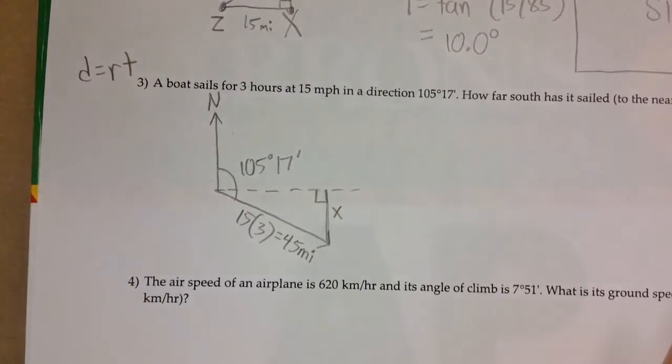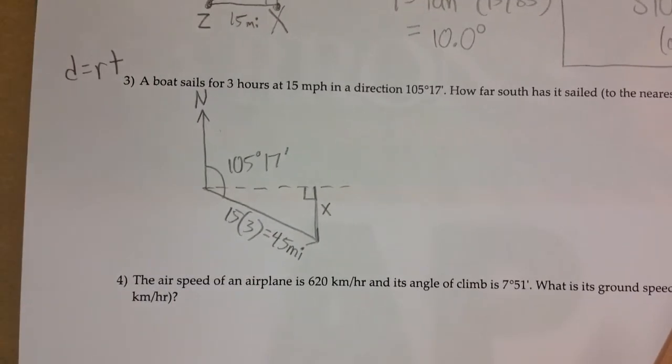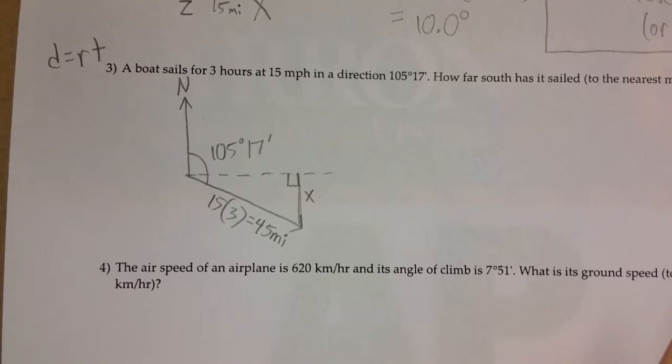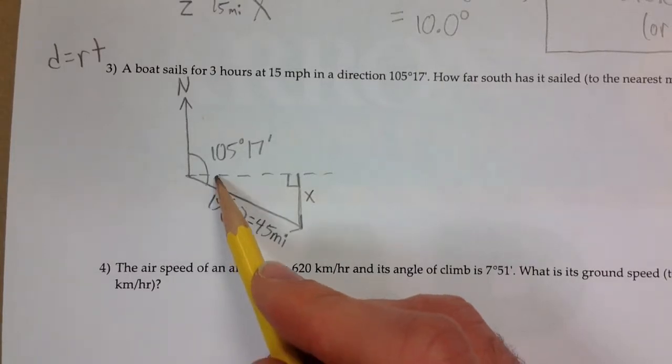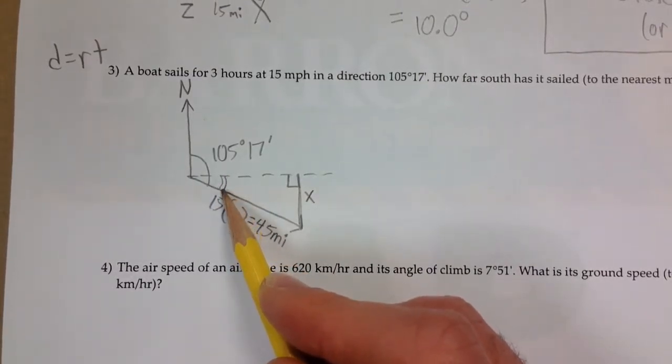Amber, how can I solve for x? Would you have to figure out what that angle is there? Yes. And how could you figure that out? 105 degrees, 17 minutes minus 90.